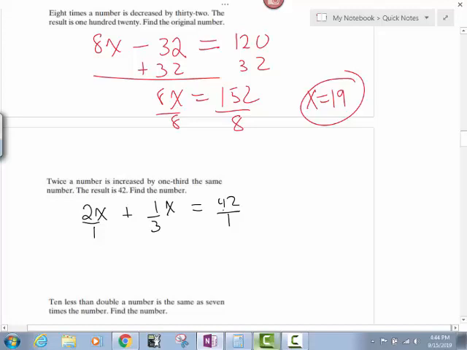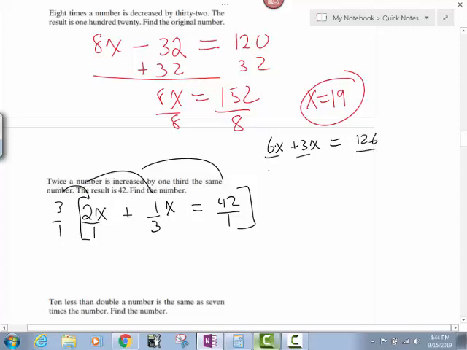Because my common denominator here is 3, let's multiply everything by the number 3. I'll think of that as 3 over 1. So we're going to end up with 6x plus 3x equals 3 times 42, which should be 126.